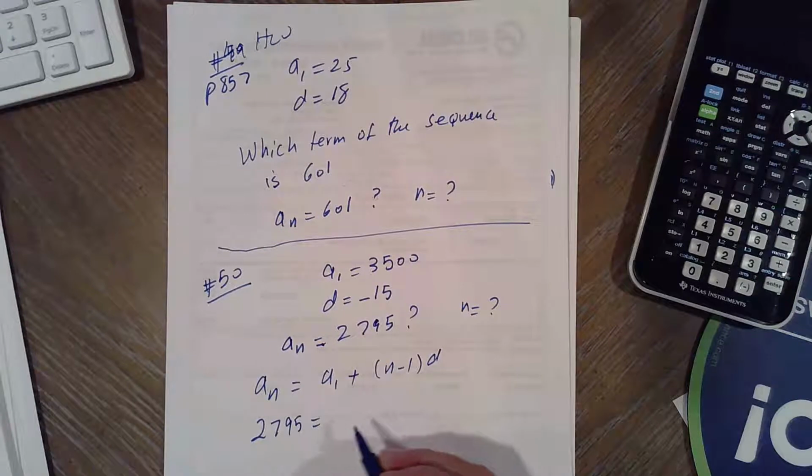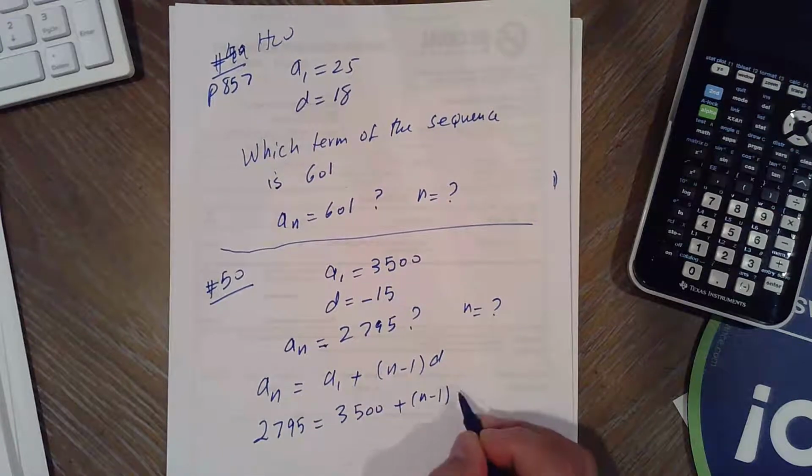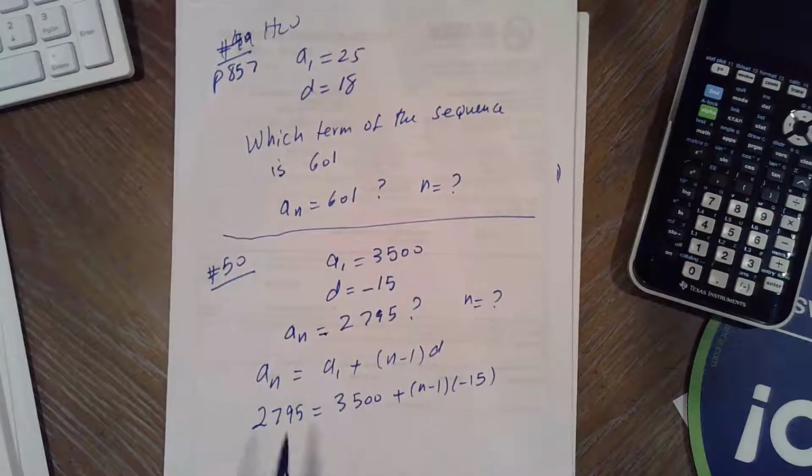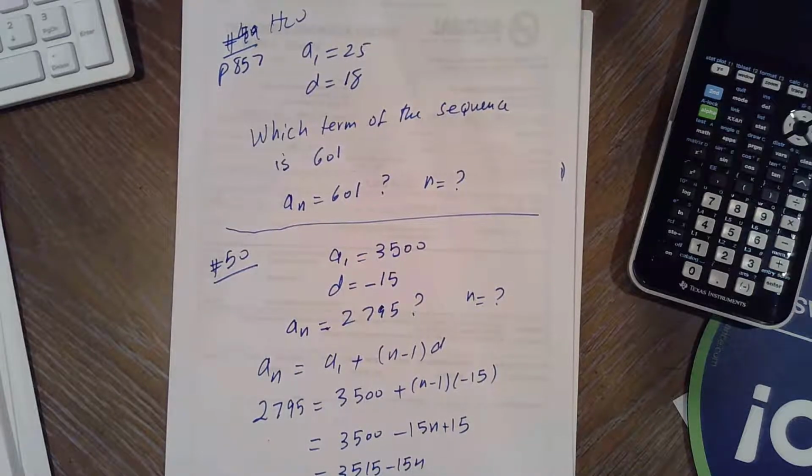2795 is 3500 plus n minus 1 times negative 15. So 2795 equals 3500 minus 15n plus 15. So this is 15 minus 15n equals 2795.